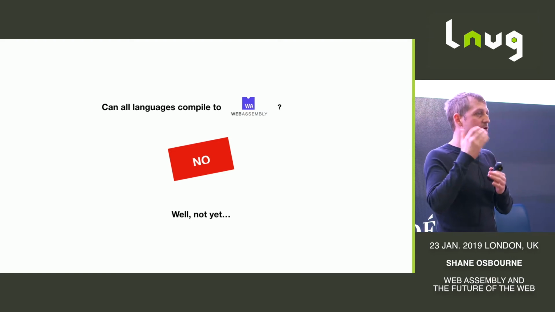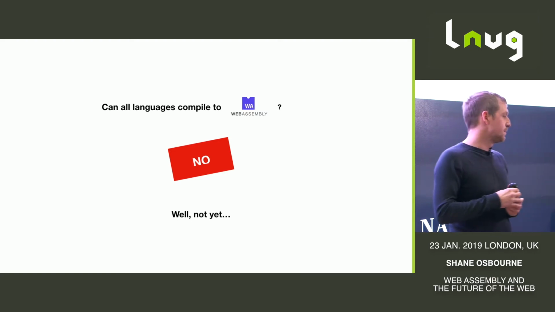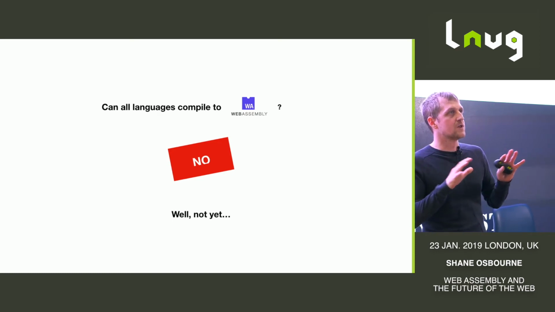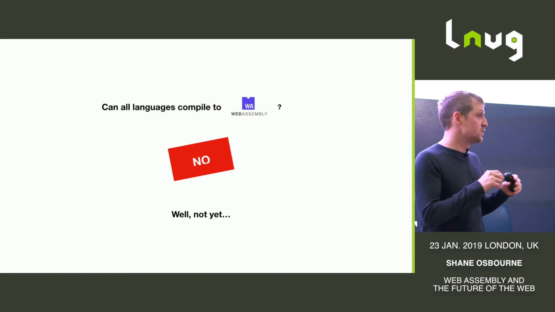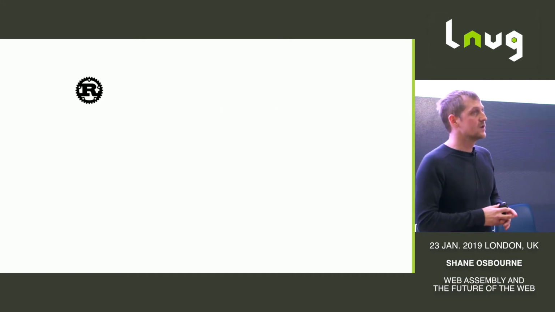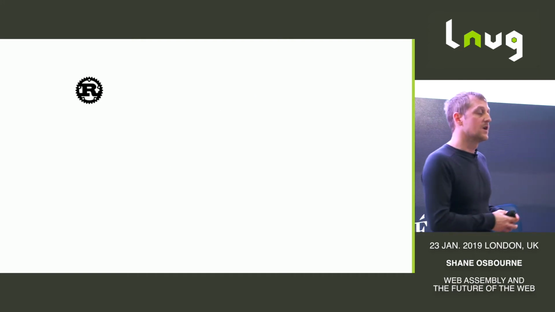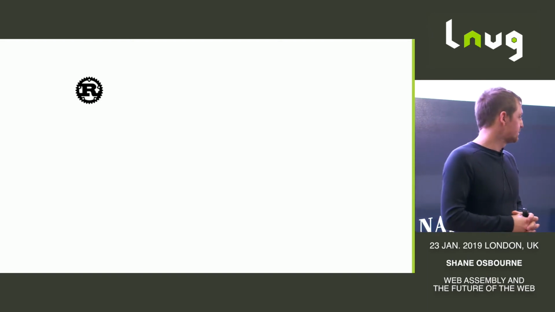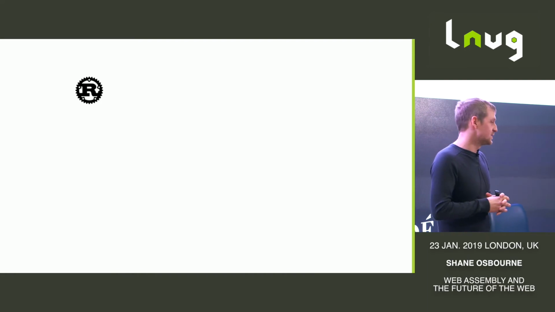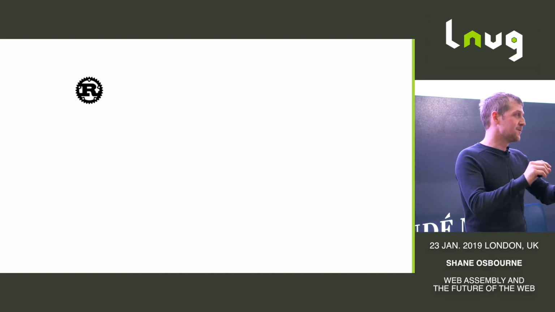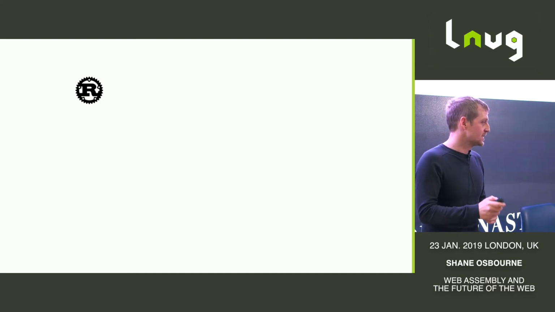That's changing. Almost every week you see a new project come along. But there are certain languages, namely those that control their own memory, that are well suited to WebAssembly today. That's why you often see Rust strongly associated with WebAssembly, because it doesn't have a garbage collector. Again, not going to go into those details today, because I want to give you something where you can walk away from this and know that you can put Rust in the browser.